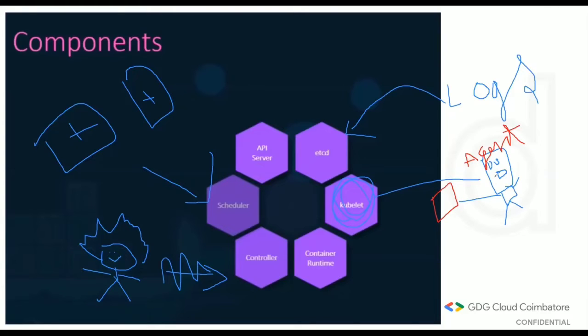The agent will run on all the nodes. The kubelet is an agent that runs on each node in the cluster.